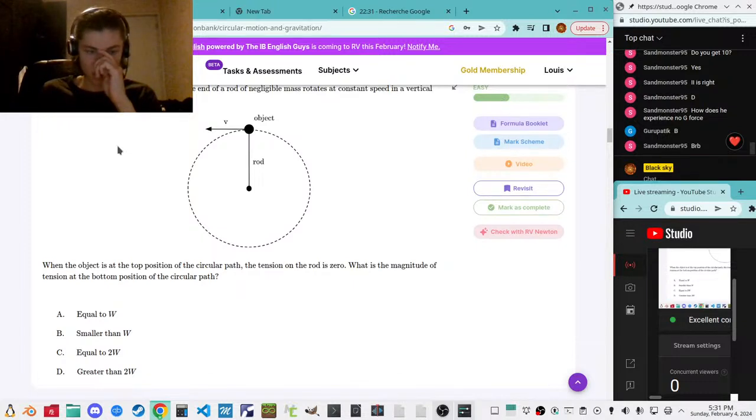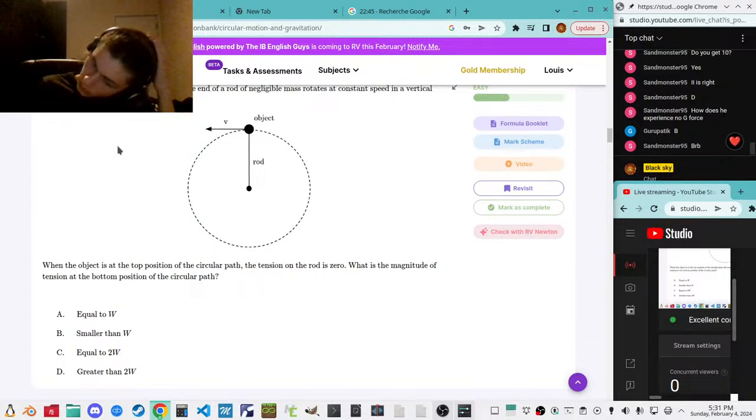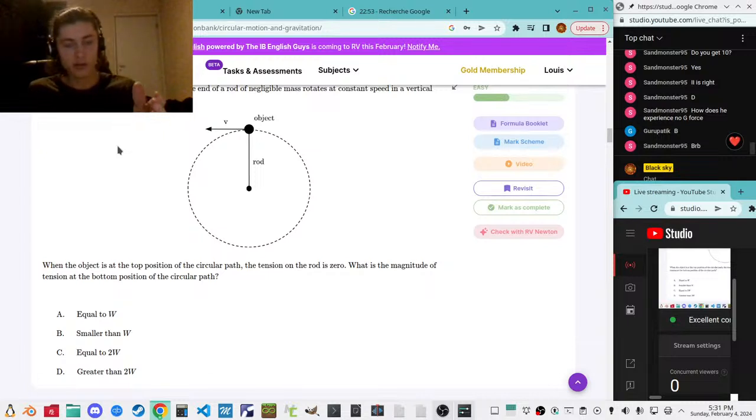It's probably, well, it has to be more than W, right? Well, if it's 0 at the top, so weight is mg, so it's going to be proportional to the acceleration of this thing.